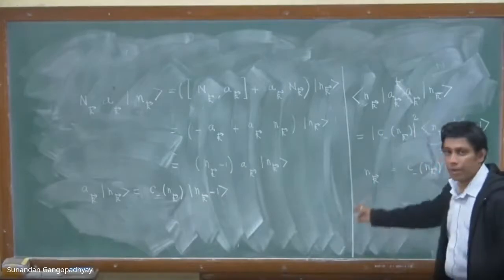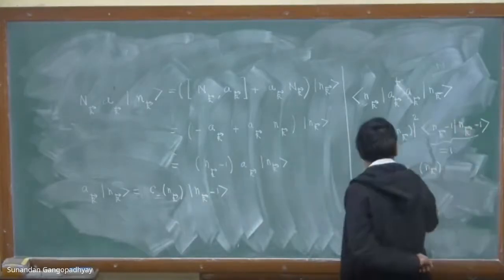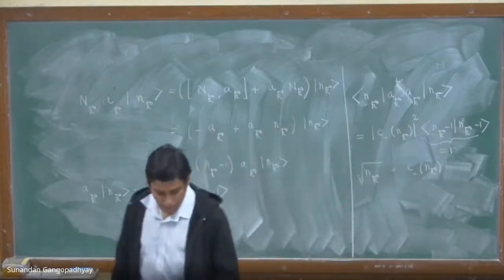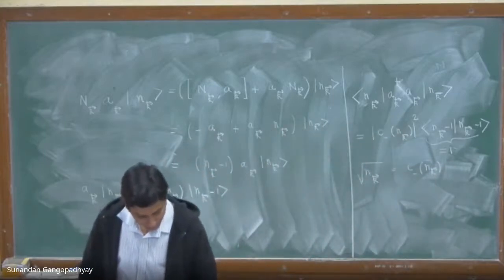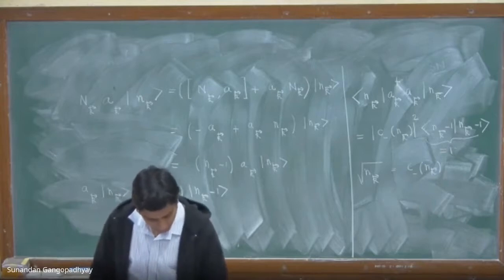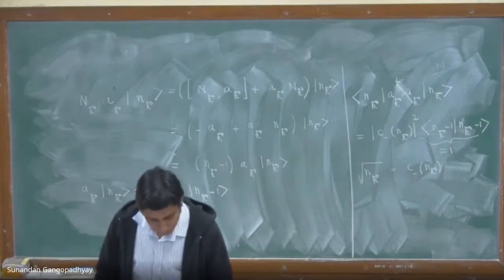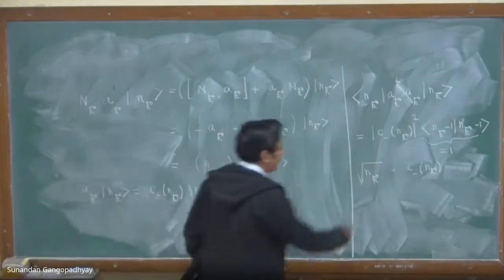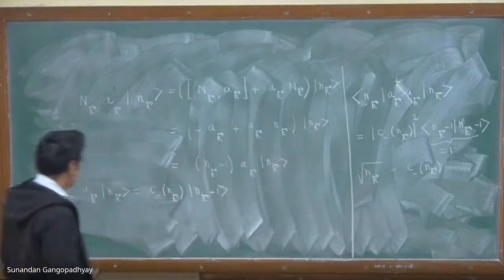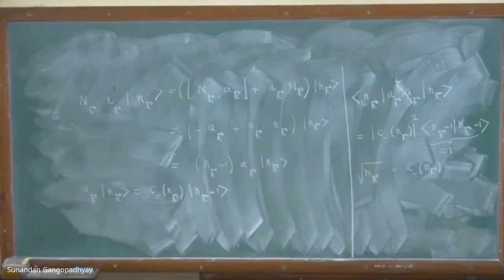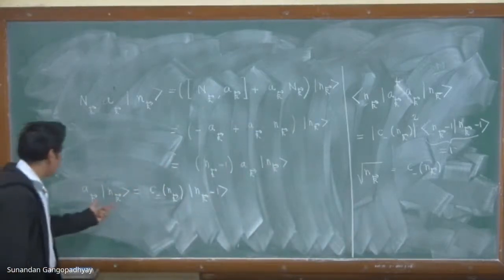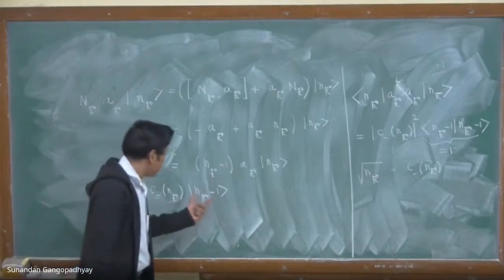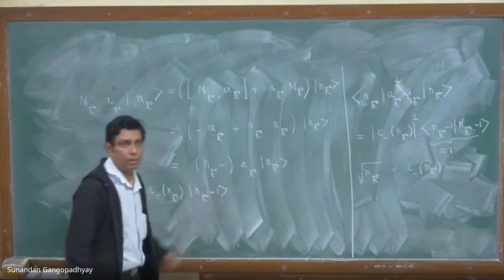So up to some phase, c minus nk is the square root of nk. So you can determine the value of this constant, and therefore ak acting on nk is nothing but square root of nk times the ket nk minus 1.